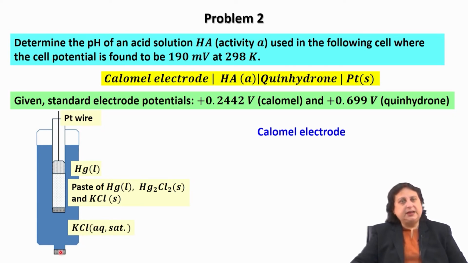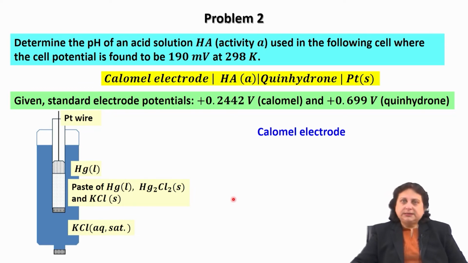And here you see that we have a point which can be dipped in the acid solution to create the electrical contact. In this case, as you understand, the calomel electrodes, although they are quite well characterized, are also a bit hazardous to handle because of the use of liquid mercury and the mercurous chloride paste over here, because these are hazardous materials.